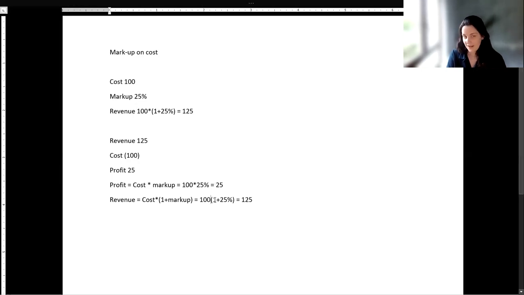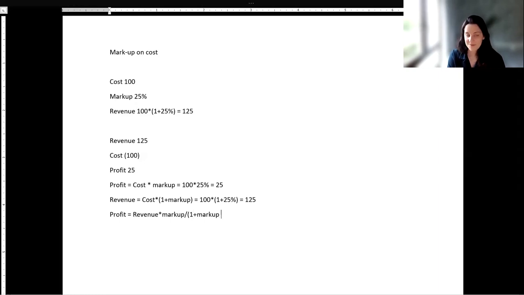If, on the other hand, you are given revenue, so if you were told the transaction was at $125, then your profit is going to be revenue or price multiplied by markup divided by 1 plus markup.